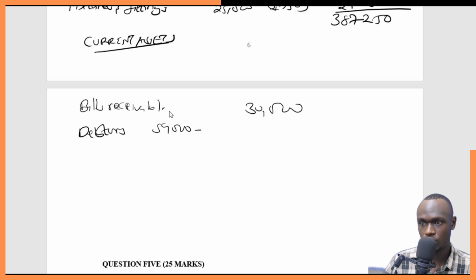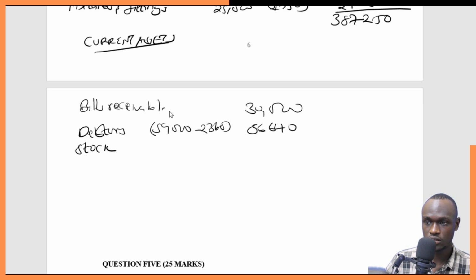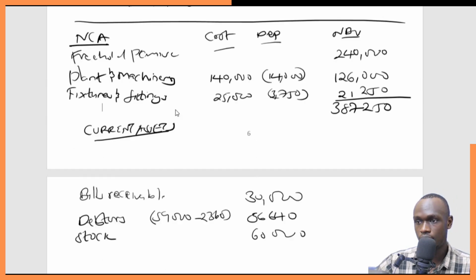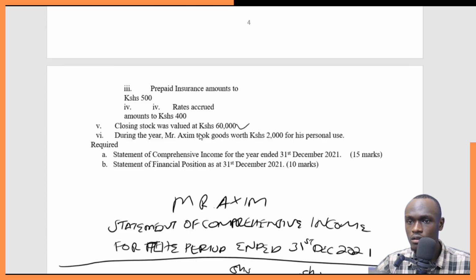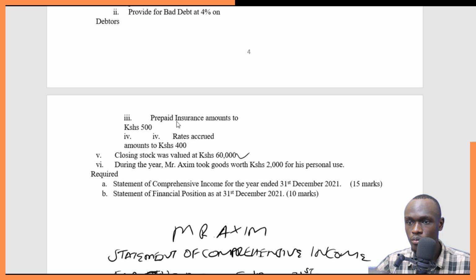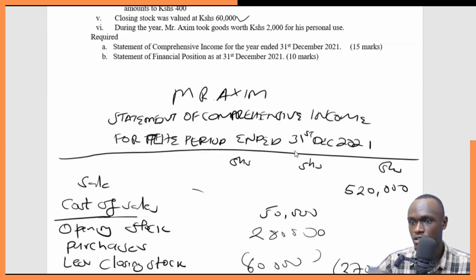We less provision for bad debt, which is 2,360. We'll arrive at 56,640. We also have closing stock, which is 60,000. And we were told that prepaid insurance amounts to 500 shillings.